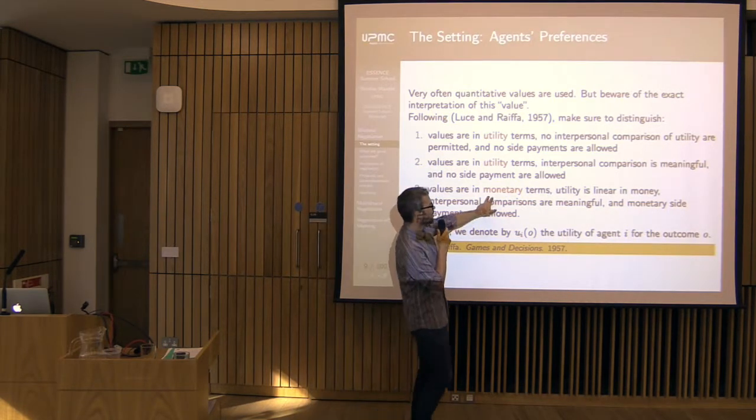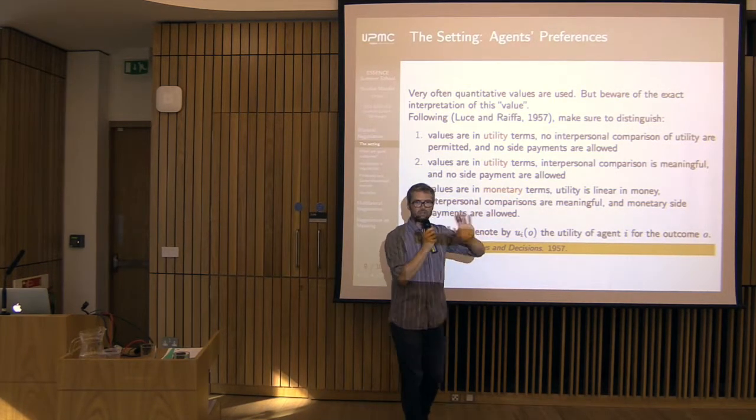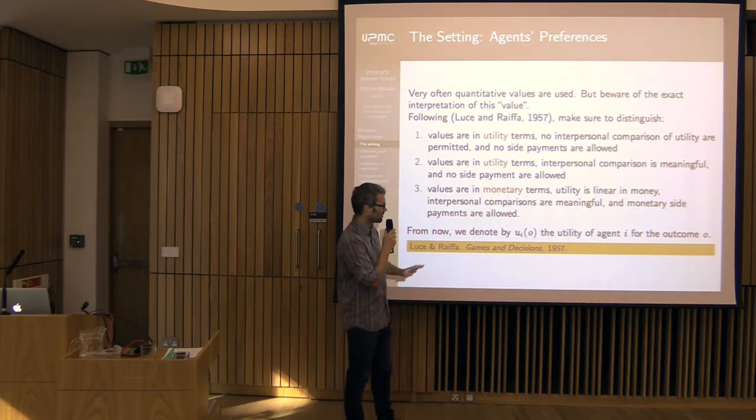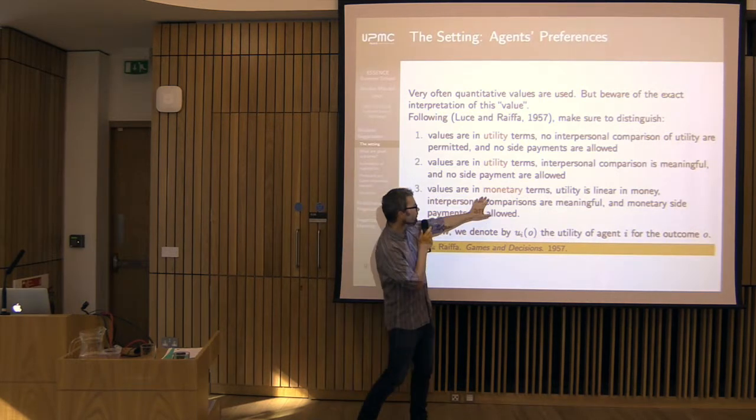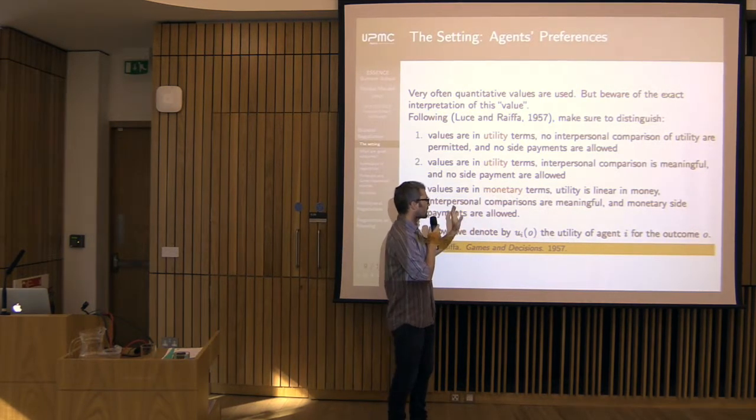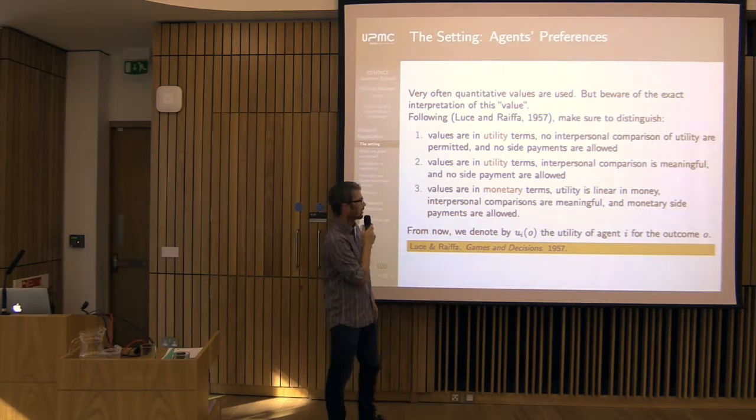So usually when you have monetary terms, it's a shortcut, and many economists would argue about this, but to give you a broad idea: if you have money, then you can, in some sense, do this interpersonal comparison of value.